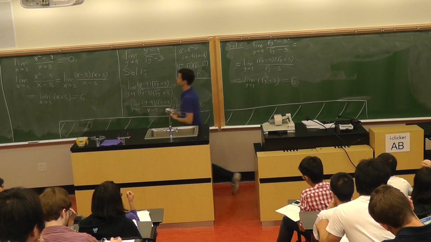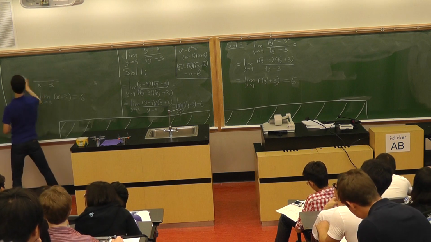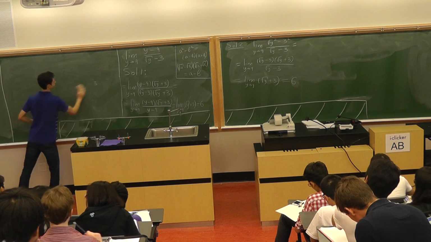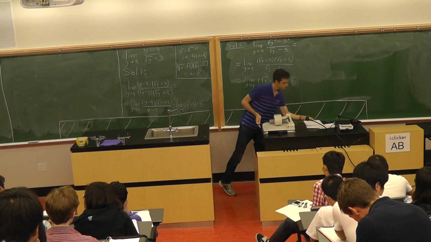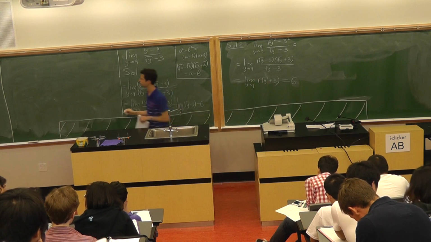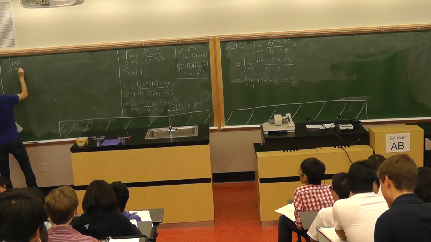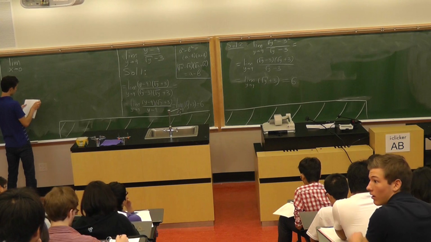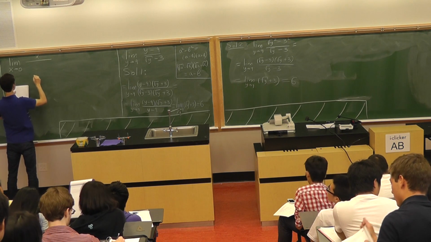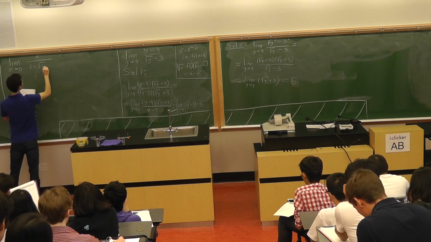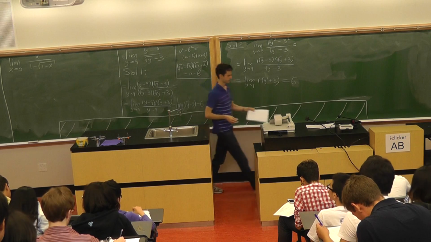Okay, so let me now erase this and move to the next example. We want to evaluate the limit of x over 1 minus the root of 1 minus x as x approaches 0.